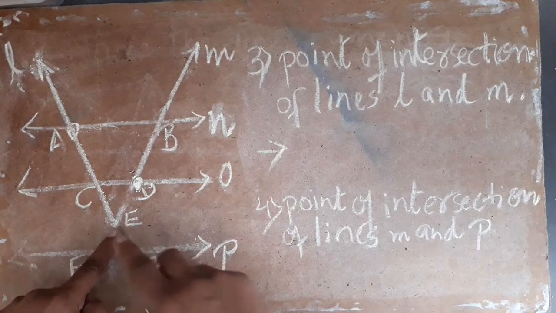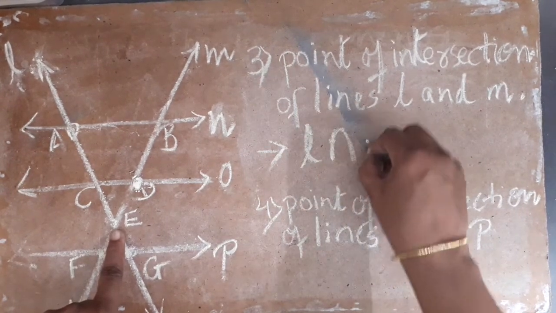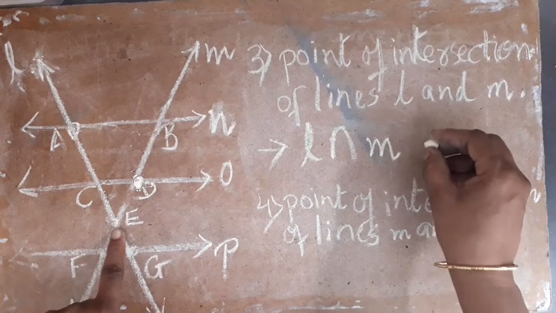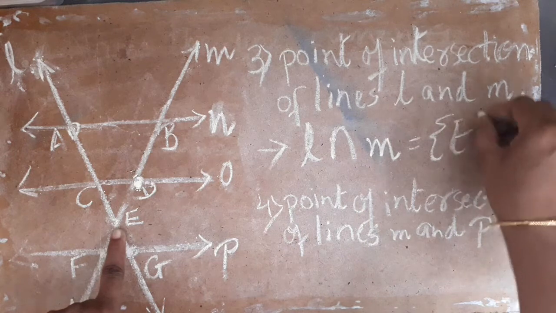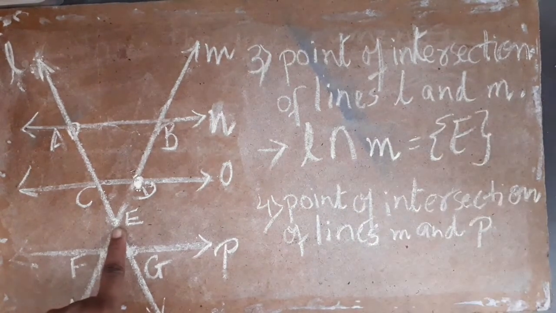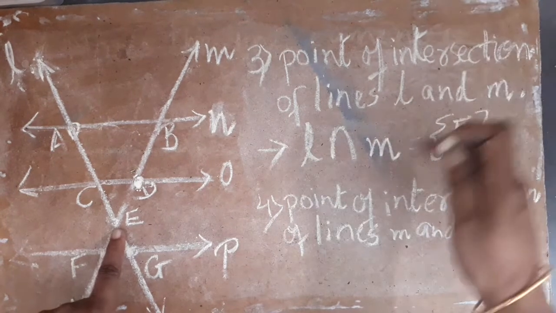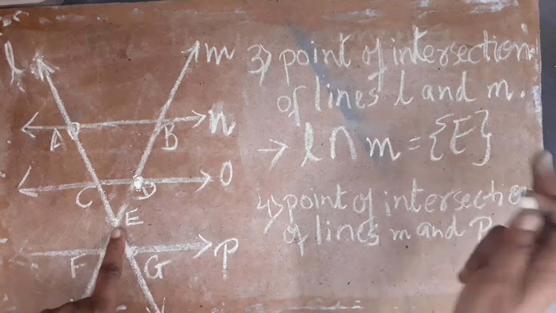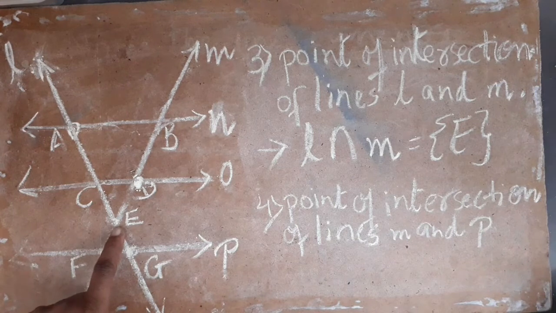Here the point of intersection is E. So write it symbolically, line L intersection line M is E, written in the curly bracket. This is symbolically, and you can write it in a statement also, that line L and line M intersect each other at point E. Both ways it is correct.